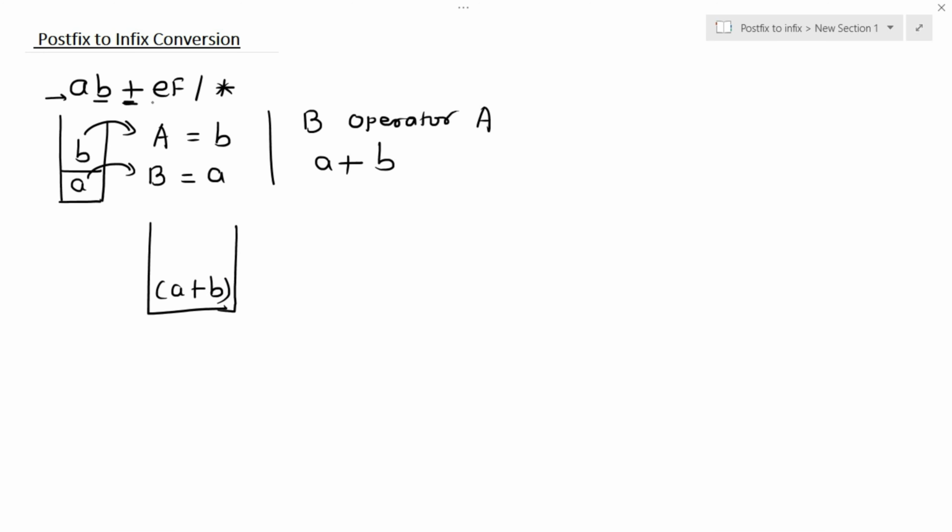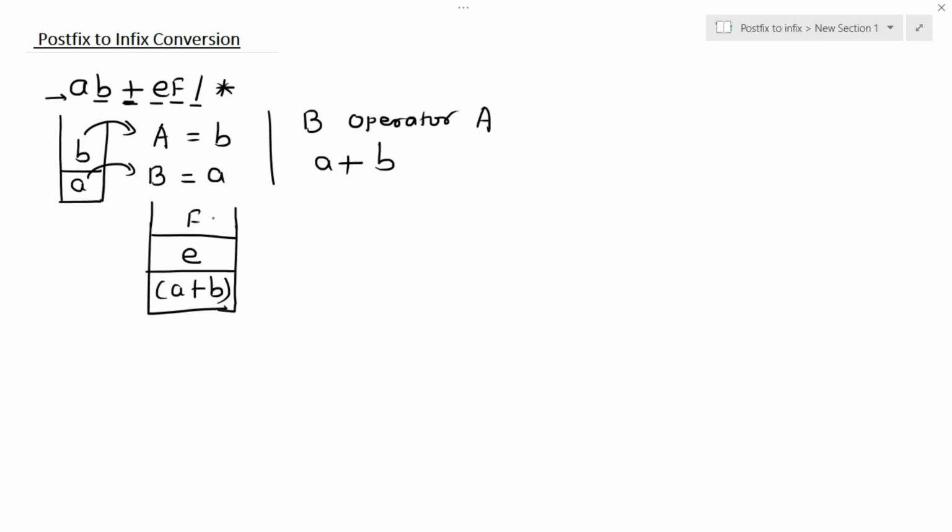Okay, now the next symbol comes, that is E. E is an operand, so it goes into the stack. The next symbol comes and that is F. F is again an operand, so it goes into the stack. Now the next symbol is division. So in order to insert division, we have to pop the operands.